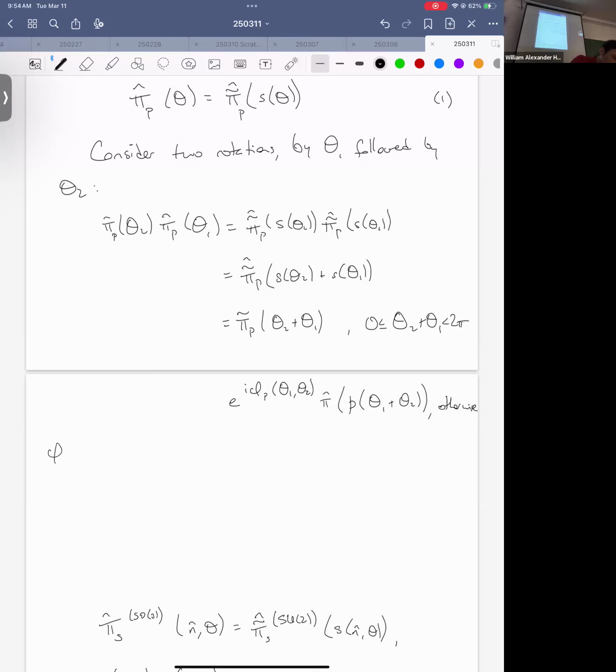So this phi p explicitly is equal to p multiplying theta 1 plus theta 2 minus theta 1 plus theta 2 mod 2 pi. What does this phi p look like?